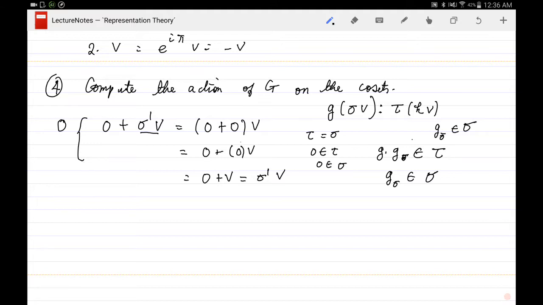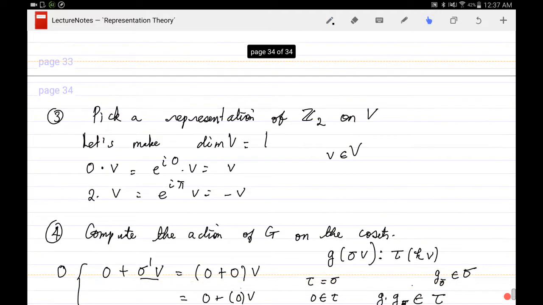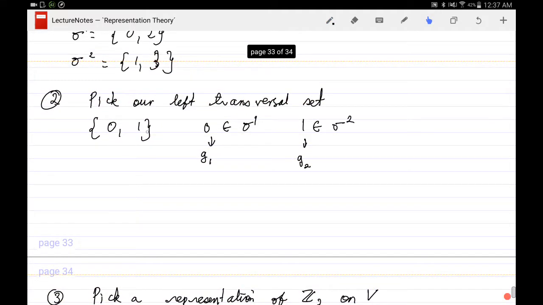Now let's do another calculation: 1 plus acting on this coset, which is less trivial, although still kind of trivial. For the result, we pick a coset representative for sigma 2, which we decided was 1. Remember, we decided up here that 1 will be our coset representative.